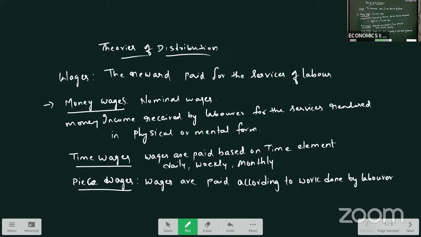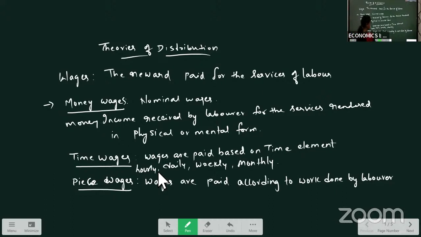Time wages: wages are paid based on the time element, that is, on an hourly, daily, weekly, or monthly basis. Piece wages: wages are paid according to the work done by the laborer, irrespective of time. However much time he may work, he is completing the work.